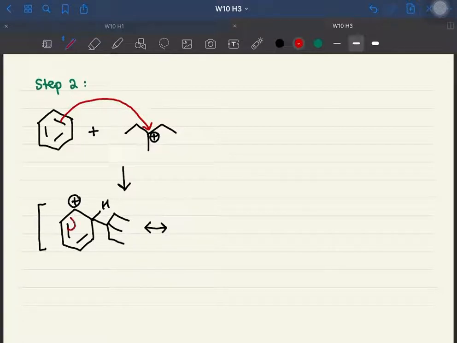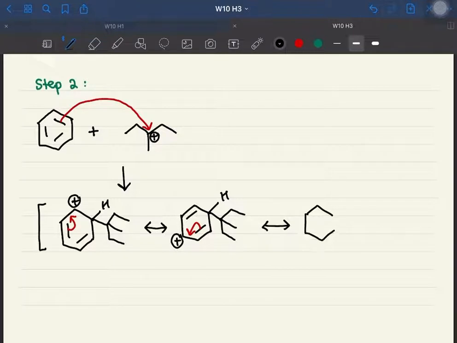Once we change the place of this double bond, we're going to have another arenium ion with the carbocation in here, with H. Then swap the double bond to here, and lastly our arenium ion is going to have H here and here.